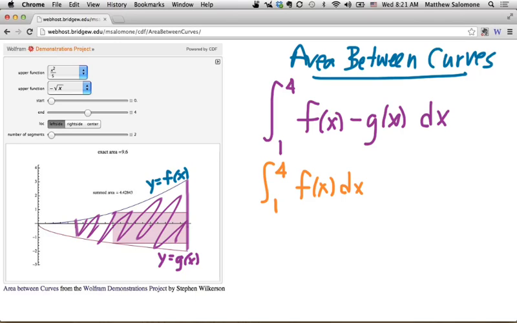Or if you like, the area between the graph and the x-axis, where that area is signed to be positive if the function is above and negative if the function is below. So if I just integrate f of x, I'm going to get this area in here. And if I just integrate g of x, I'm going to get the area between g of x and the x-axis.